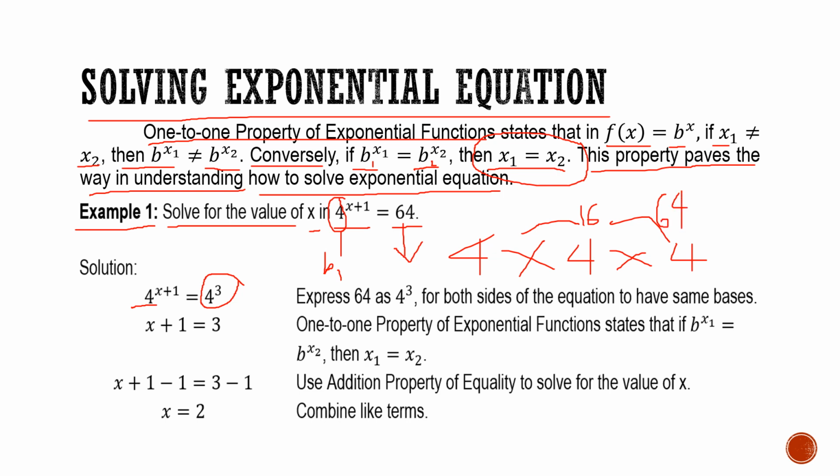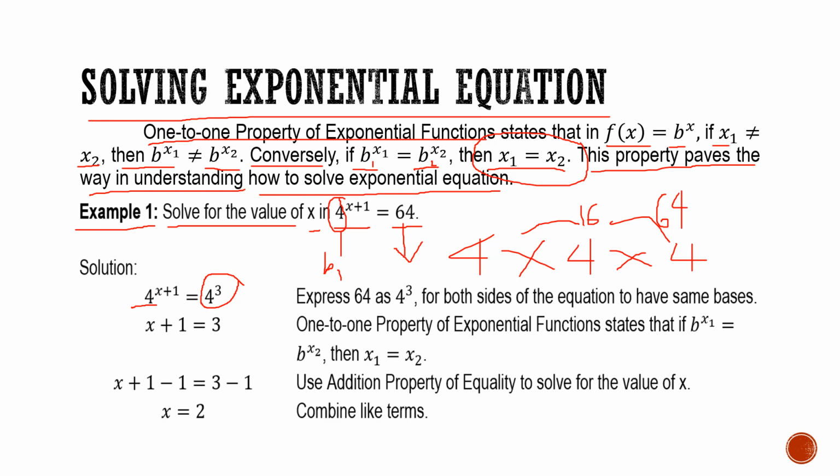So we're going to express a certain part of your equation for us to make your base 1 equal to base sub 2, so we can assume and conclude that your x sub 1, or your exponent 1, is equal to x sub 2, which is your exponent 2.